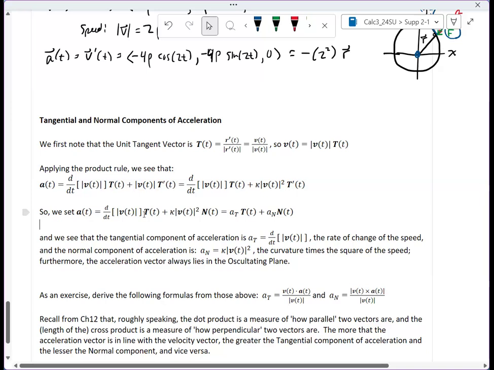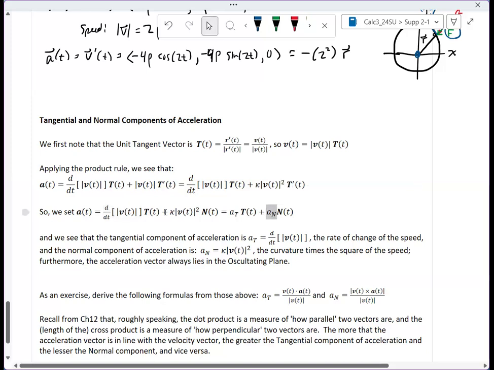As an aside, this is why we really want these to be unit vectors, because it makes things like this so much easier to interpret. We can break an acceleration vector down into its components along the directions of unit vectors, which makes it easy to write those components out. We call this the tangential component of acceleration, which is the derivative of speed.